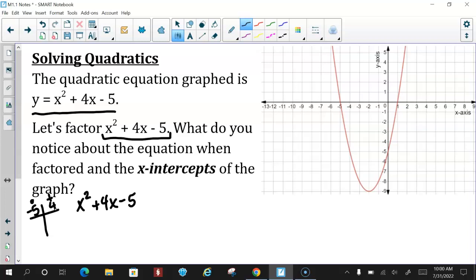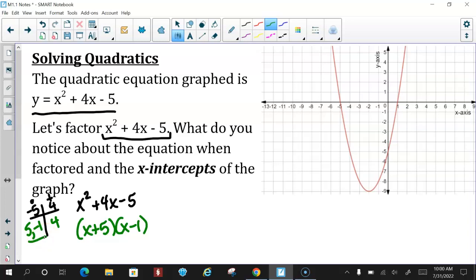That means you should have gotten, we add to get positive 4, 5 and negative 1. Because that will multiply to get you negative 5. And then what's 5 plus negative 1? Positive 4. So here you've got x plus 5 and x minus 1. So that's what you got in factored form. You use the factors positive 5 and negative 1.